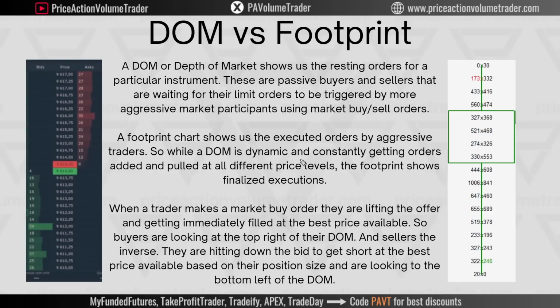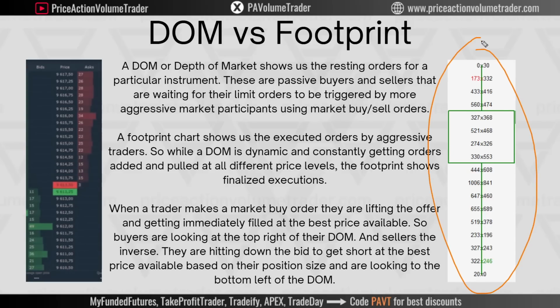So while a DOM is dynamic and constantly getting orders added and pulled at different price levels, like you can see here, these numbers are constantly changing as traders make decisions to change or add or subtract orders. When we look at a footprint, we are looking at finalized executions.